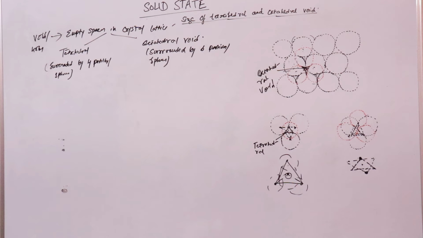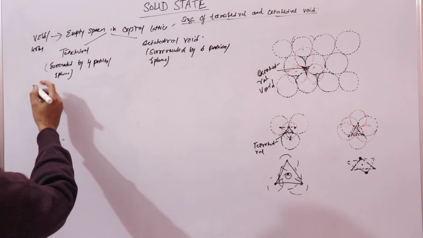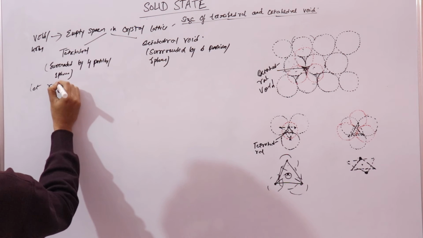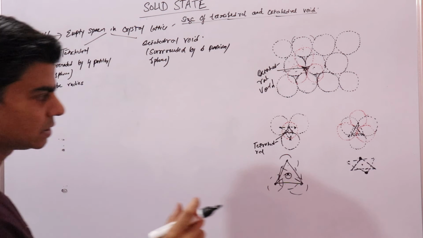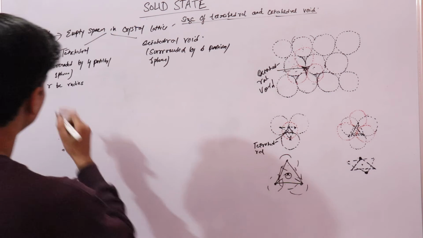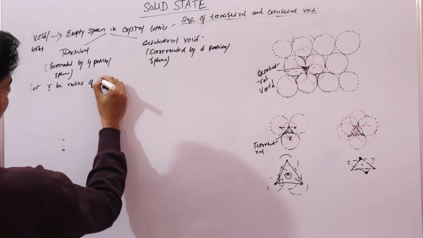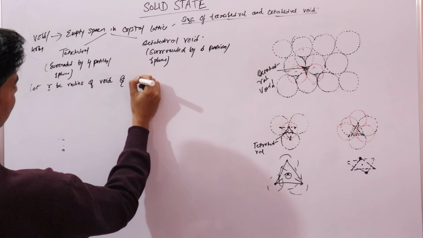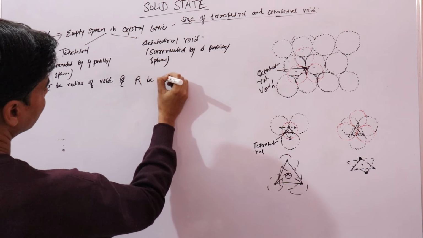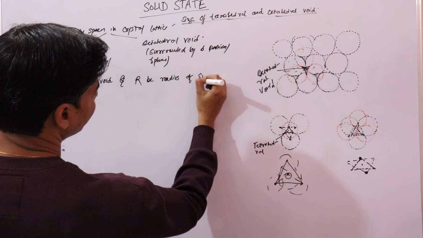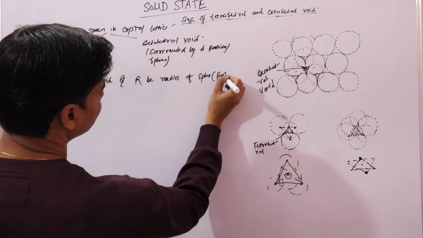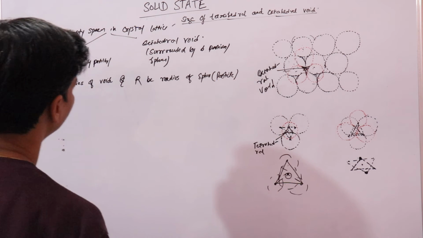Since a void is represented by a sphere, let small r be the radius of the void, and capital R be the radius of the sphere that represents the particle.